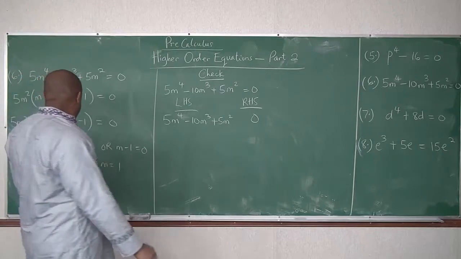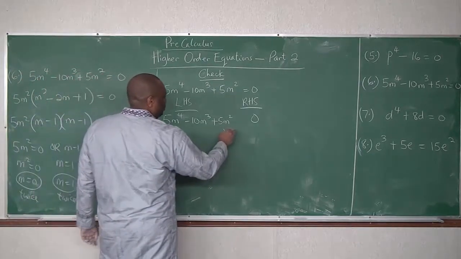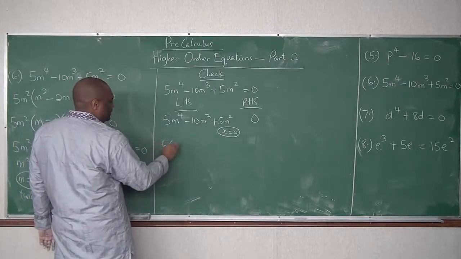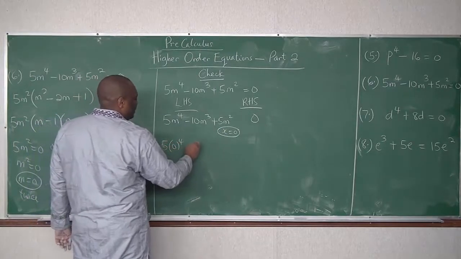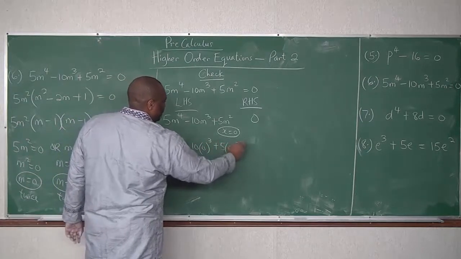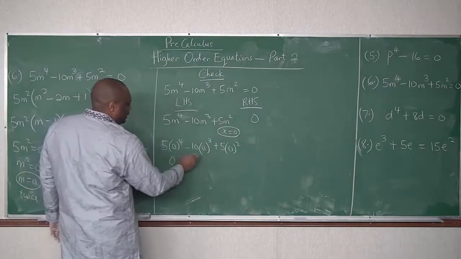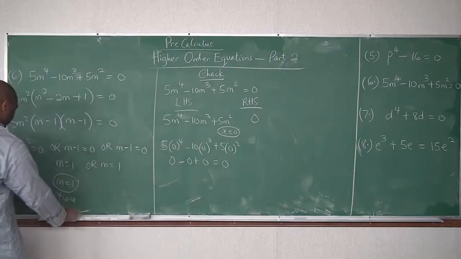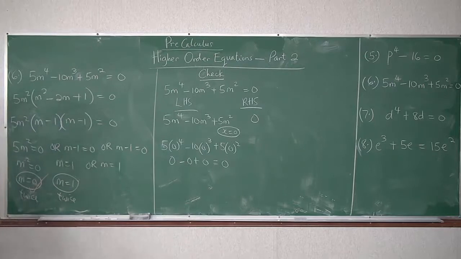So we check for m equal to 0. This will give us 5 times 0⁴ minus 10 times 0 cubed plus 5 times 0 squared. 0 minus 0 plus 0, 0. So that works.